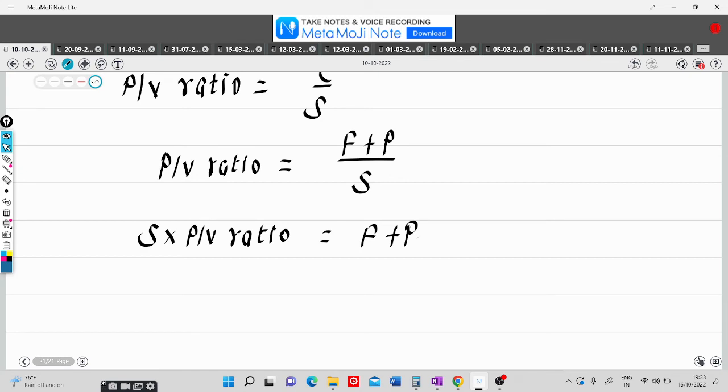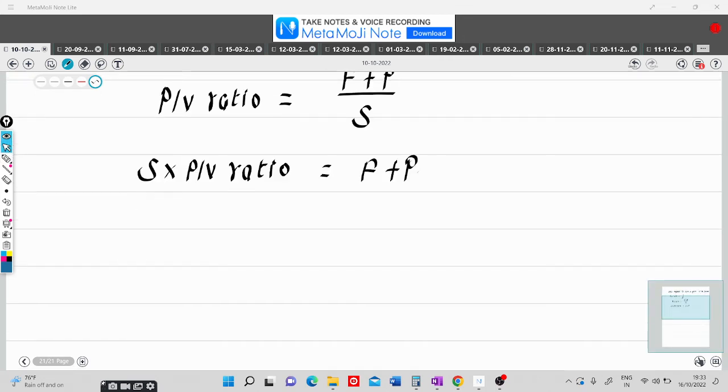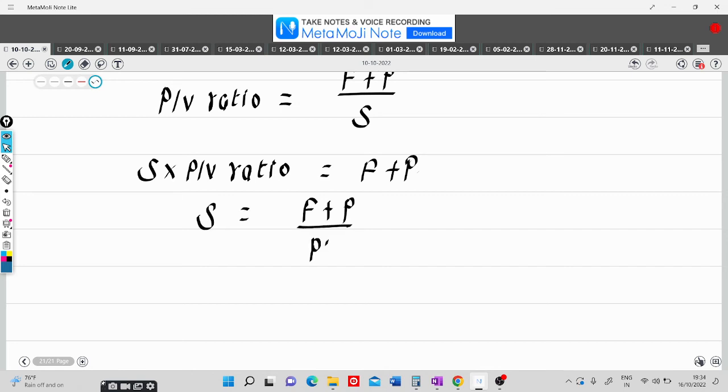Now I am having profit. I have been given fixed cost in the data. I have calculated PV ratio, and I need to calculate sales. Hence this can be written as sales, S is equal to fixed cost plus profit upon PV ratio.